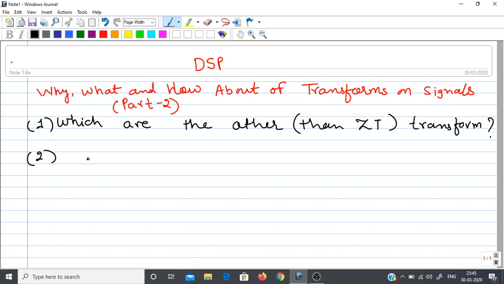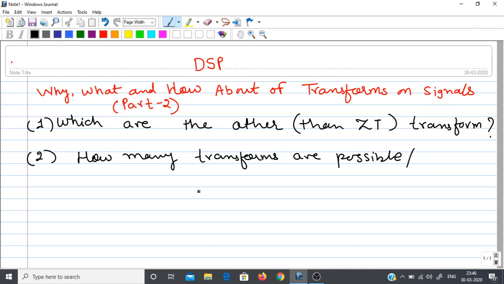And question two, how many transforms are possible, or you can say available, for the given class of the signal?